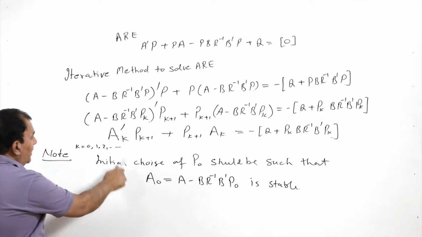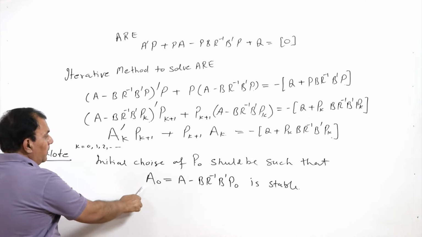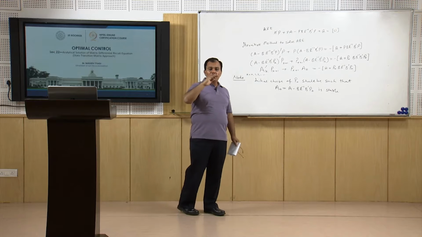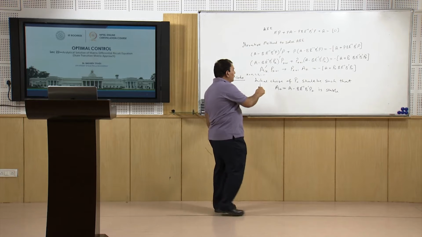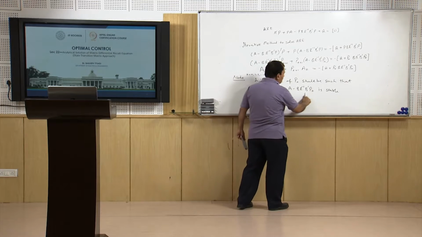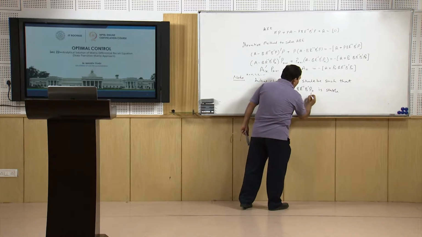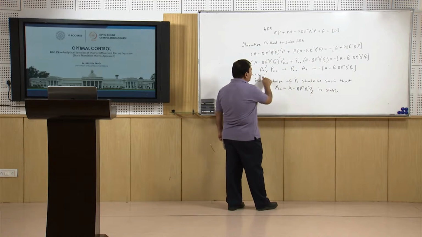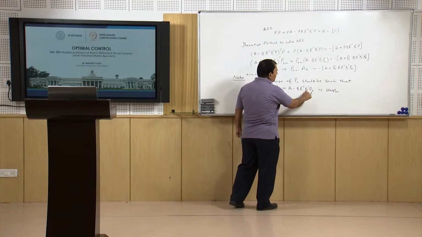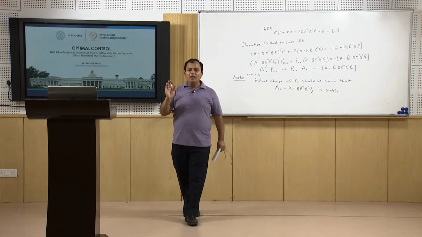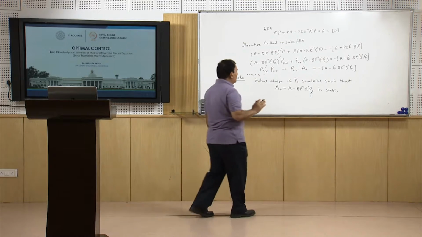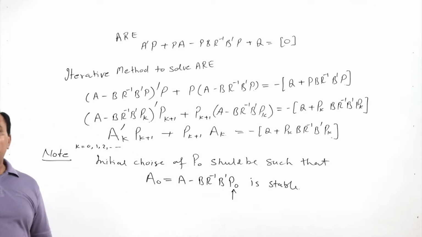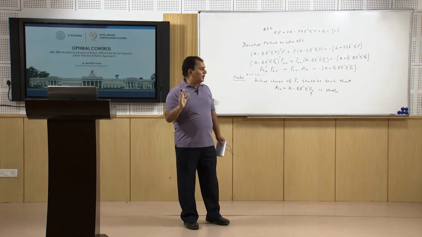So, this matrix A0. To converge my solution to a constant matrix P, my initial guess P0 has to be such that my matrix A0, A minus B R inverse B prime P0, is a stable matrix. This means this matrix will have all its eigenvalues with negative real part.